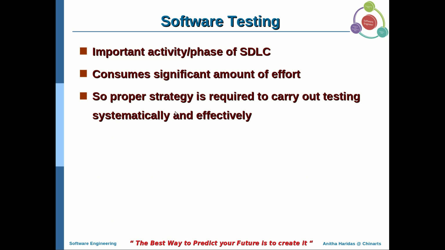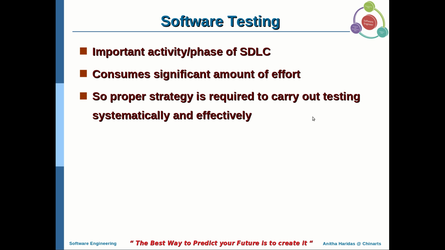So you need a proper strategy to carry out the testing systematically and effectively. This is very important. You are not just running the program and testing the software. You need to follow a very systematic approach, and this systematic approach is what you call a strategy.